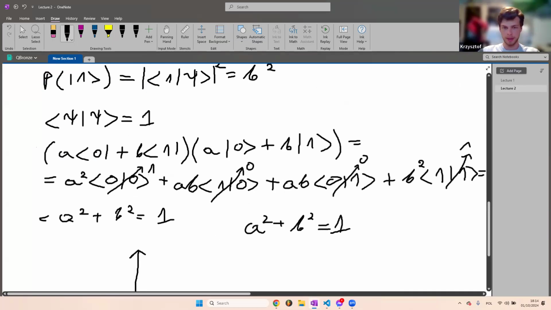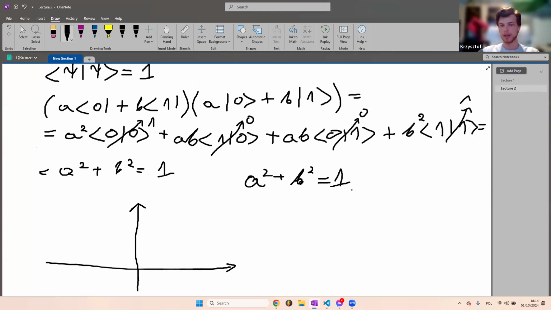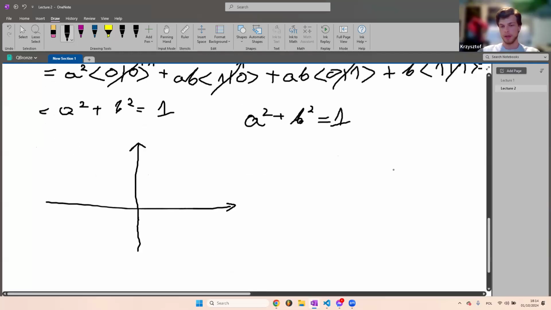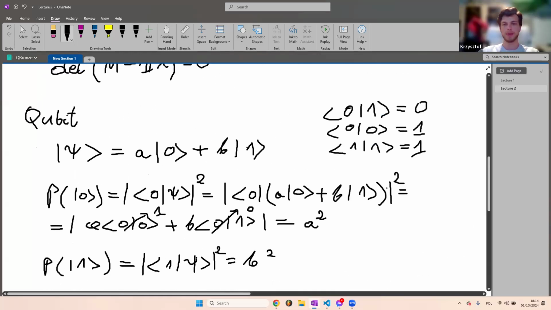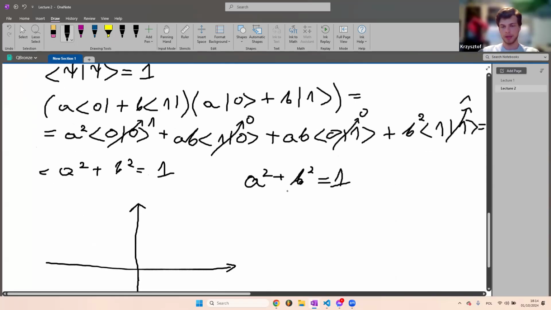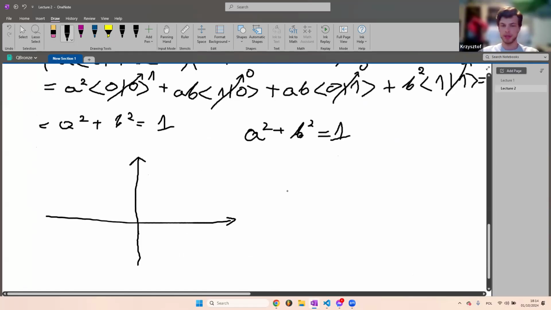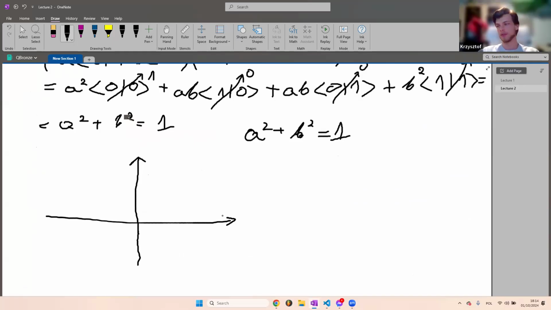So the a and b in our consideration can only have real values. In general, qubits can be complex valued, so they can also have an imaginary part. I will try to introduce you to the imaginary part of those qubits using a Bloch sphere. But you need to remember that these are two different representations, and I will talk about the Bloch sphere in a minute because I think it's very useful to understand the next concepts.